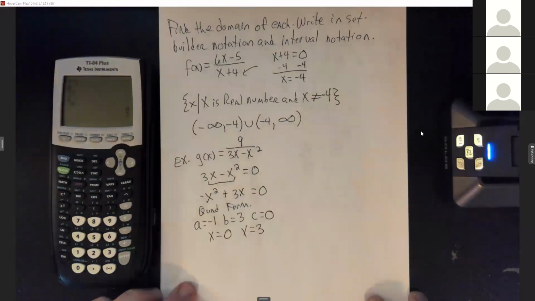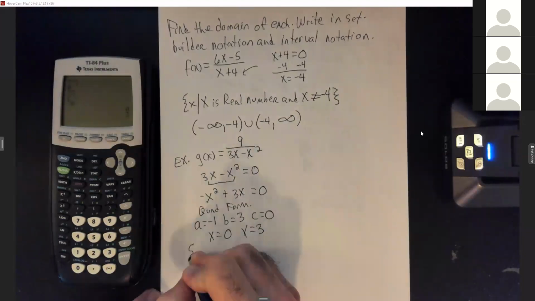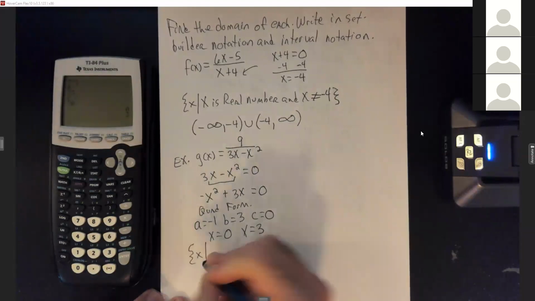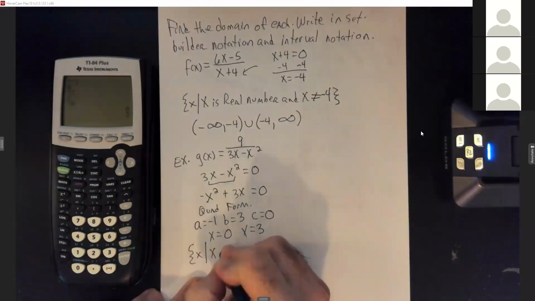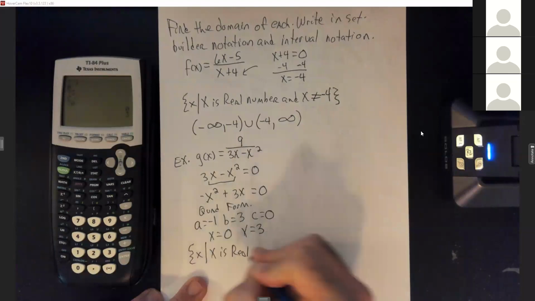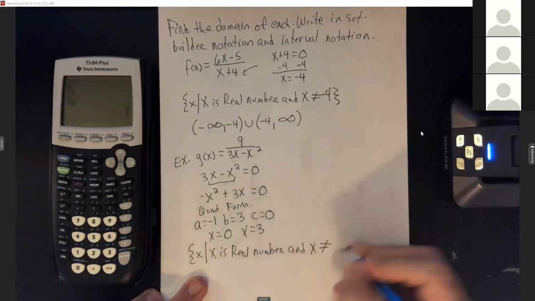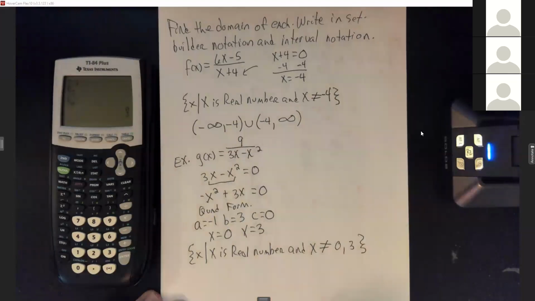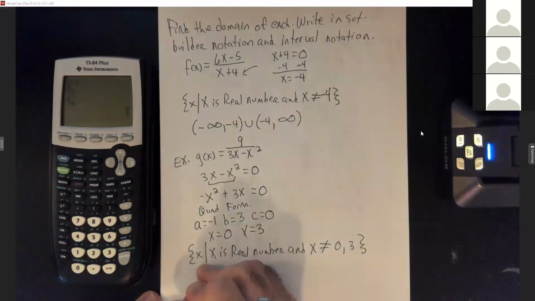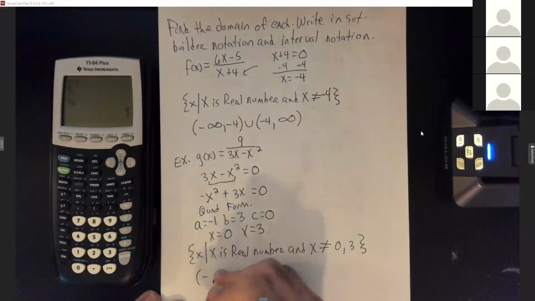All righty, so for my set builder notation, x such that x is a real number, and x cannot equal a 0 or a 3. Interval notation, we start at -infinity.